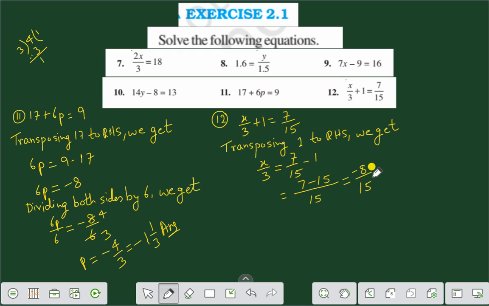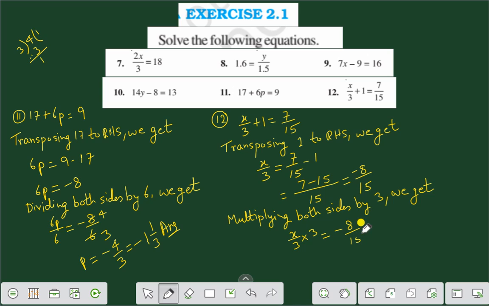Now multiplying both sides by 3, we get 3x by 3 into 3 is equal to minus 8 by 15 into 3.